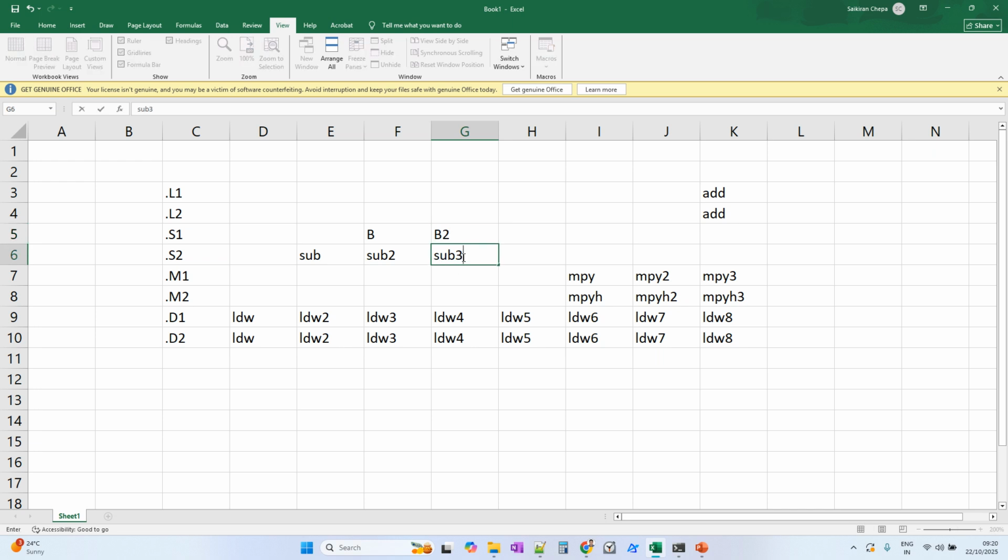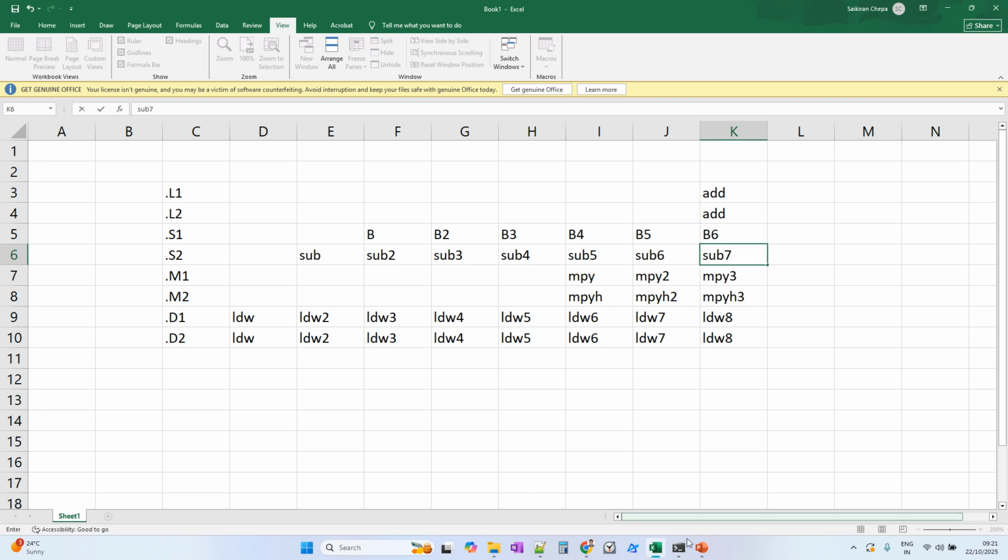Subtract for 3 will come here, and then branch 3 will come here. Subtract for 4 will come here, and branch 4 will come here. Subtract for 5 will come here, and then branch 5 will come here, and subtract for 6 will come here, and then branch 6 will come here, and then subtract for 7 will come here.